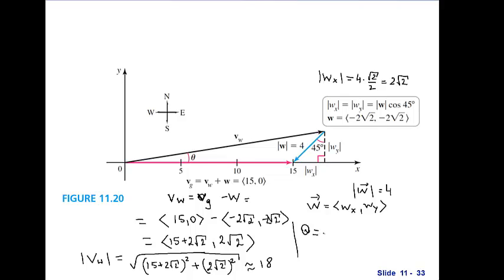Theta will be equal to tangent inverse of the y component over the x component, so it's 2 square root of 2 over 15 plus 2 square root of 2, which is approximately 9 degrees. So the heading of the boat is approximately 9 degrees north of east, and its speed relative to the water is approximately 18 miles per hour. So that would be the solution here.